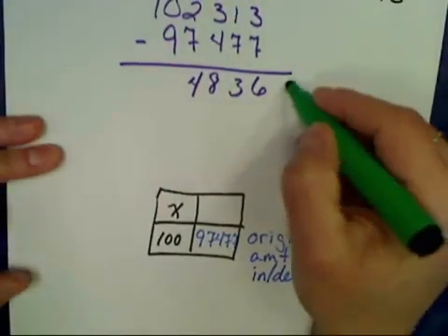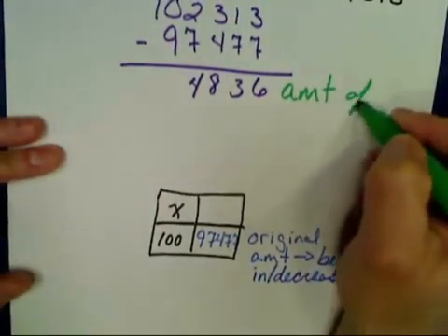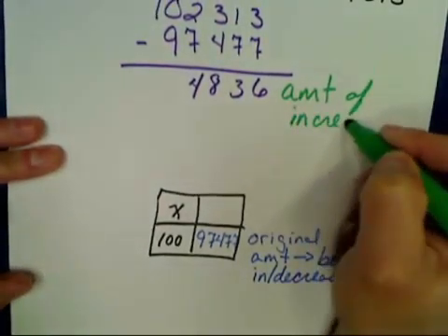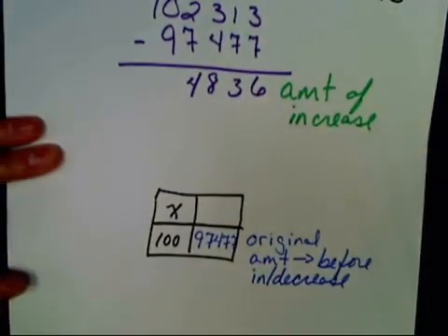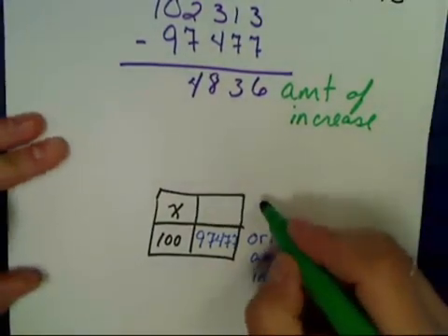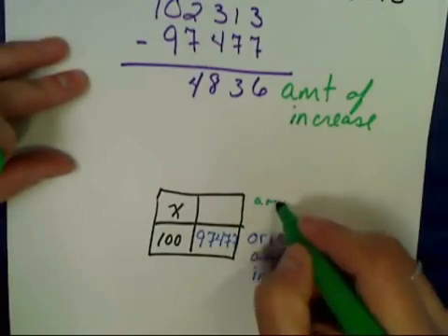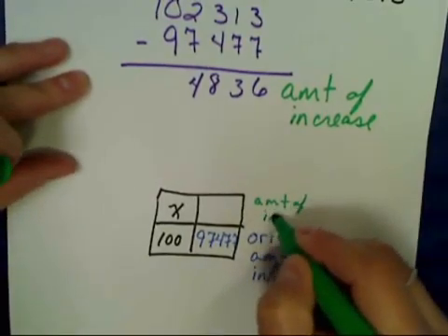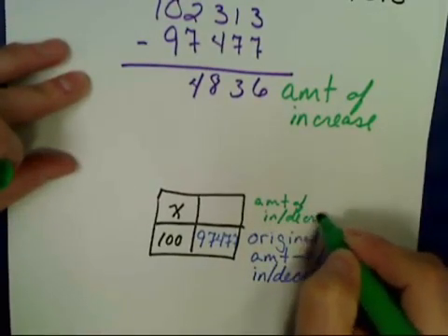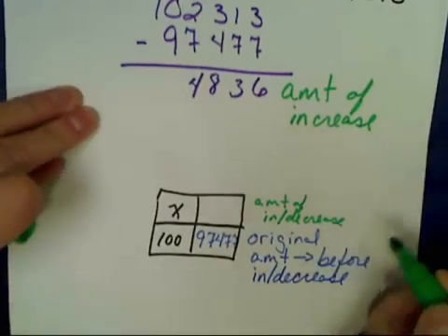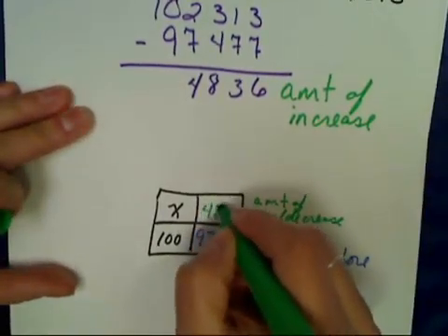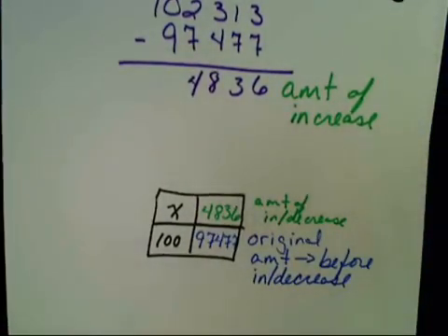That's what we came up with here. How many people moved in, that goes in here. The amount of the increase, or if we have a decrease, goes there. In this case, it's an increase. So the 4836 goes in that box.